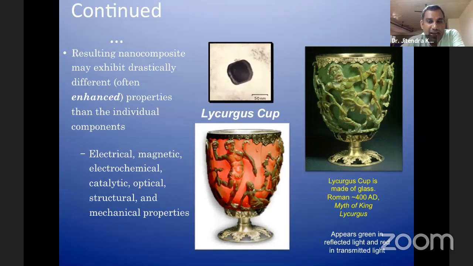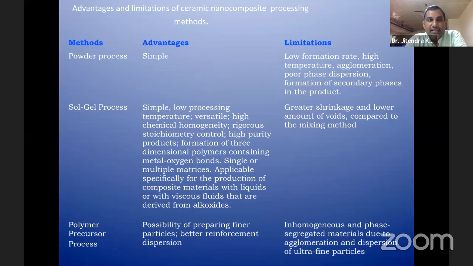So by adding these nanoparticles, its applications in electrical, magnetic, electrochemical, catalytic, optical, and structural and mechanical properties are improved to some extent. There are various advantages or limitations of ceramic nanocomposite processing when you are working in ceramic based nanocomposite.